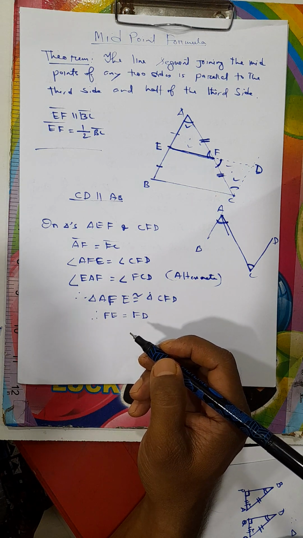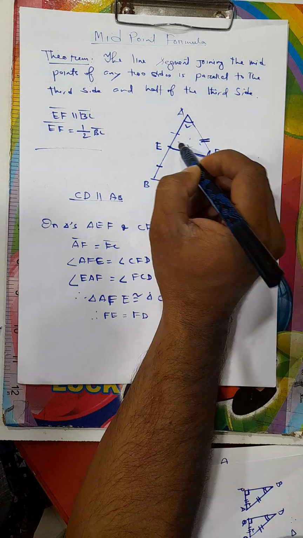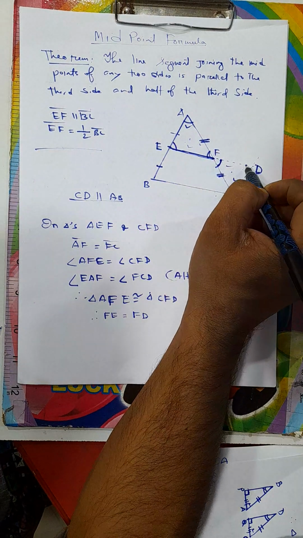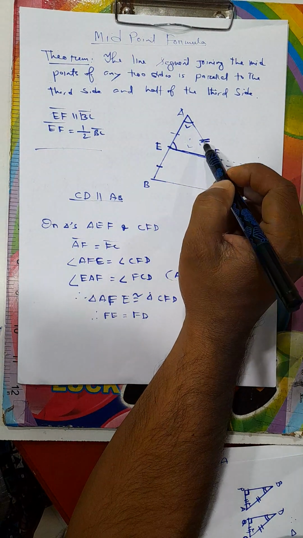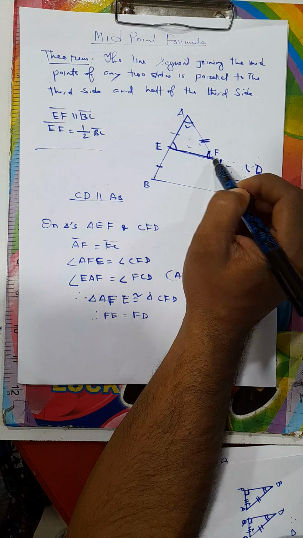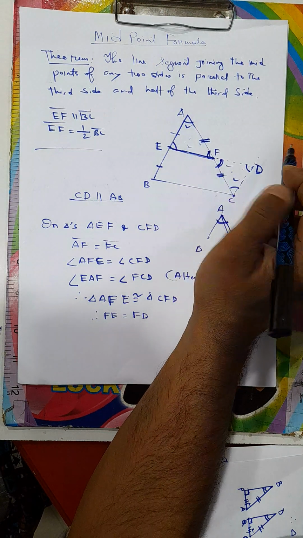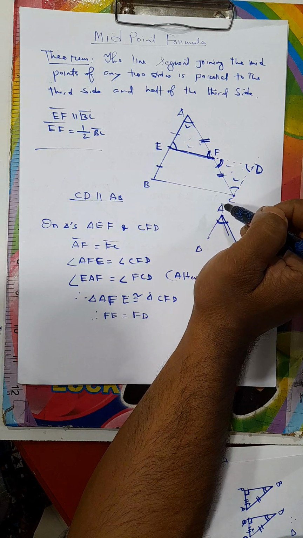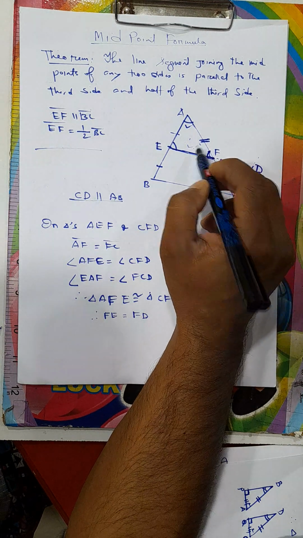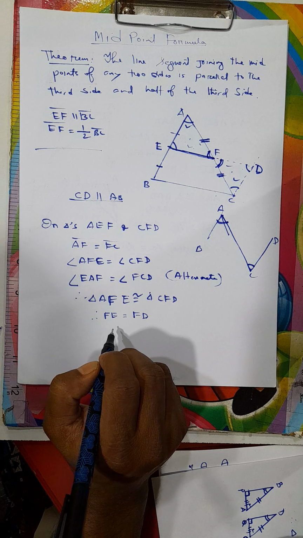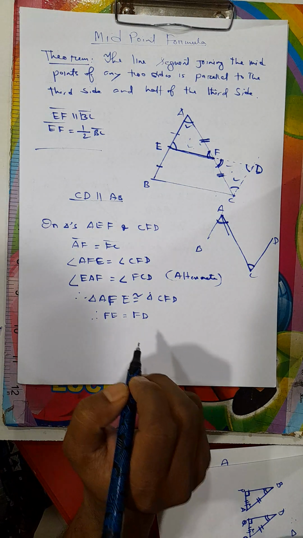Then you find that these two angles are equal, right? These two angles are already equal, vertically opposite. They are AB parallel to CD, right? So these two, FE equal to FD, right?